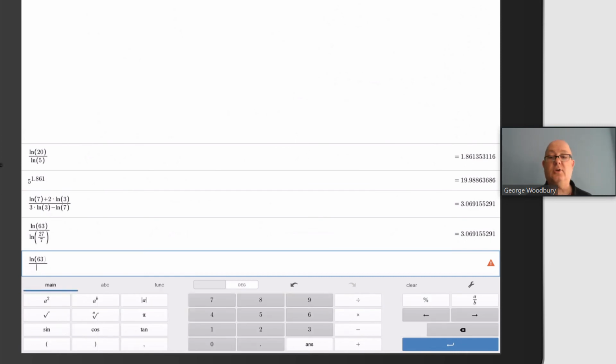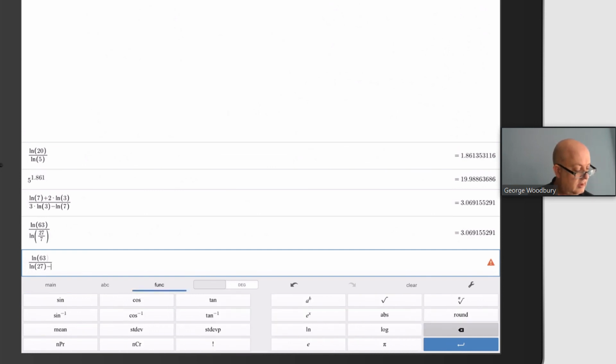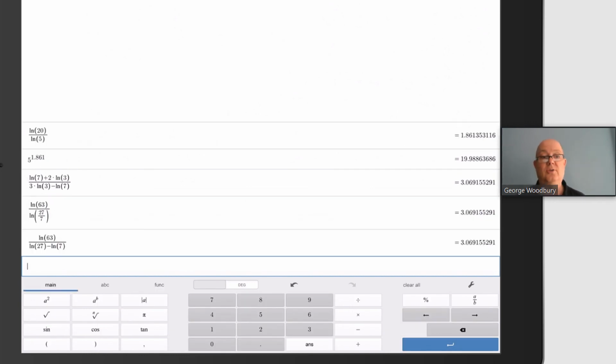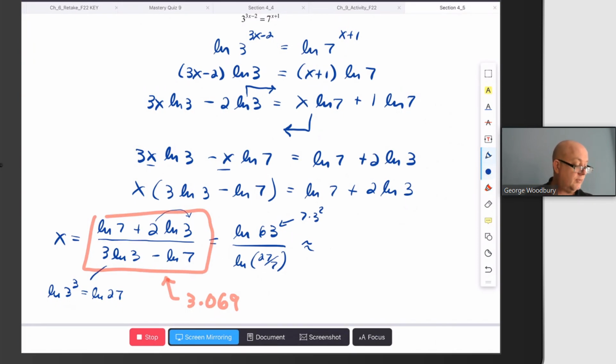In the denominator, I could have done that difference of natural logarithm of 27, tap outside there, minus natural logarithm of 7. And that wasn't so bad to enter. So if entering that fraction gives you a little trouble, you could have left that as a difference. But it's easier to use natural log of 27, I think, than 3 times natural log of 3. All right, so we came up with the same approximate solution 3 different ways. 3.069 is the approximate solution.